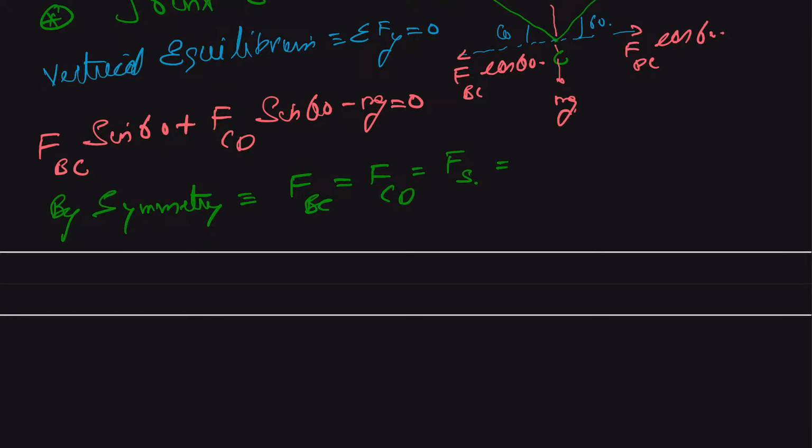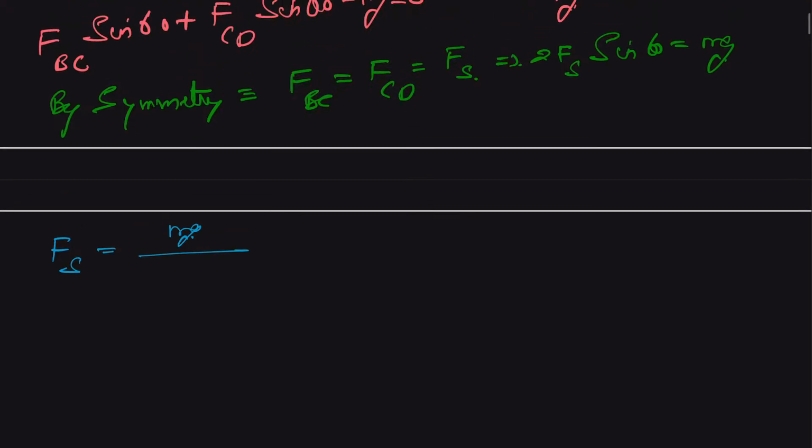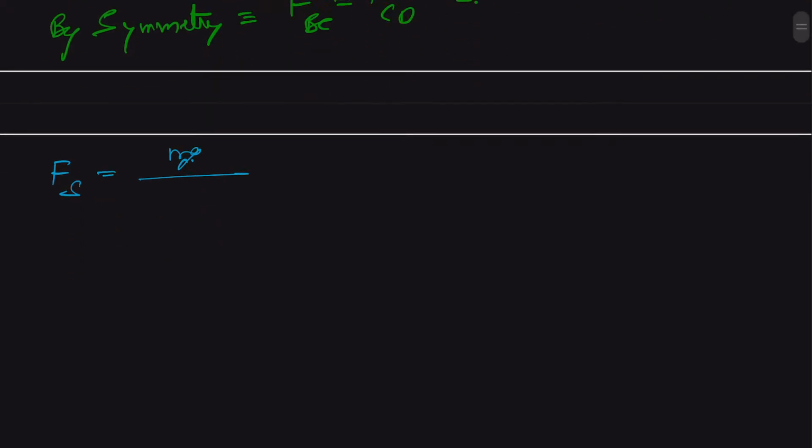Based on this, we can write twice FS sine of 60 is equal to mg, and from here we can find FS. So FS will be equal to mg over twice sine of 60, resulting in mg over square root of 3. So this is our FS.